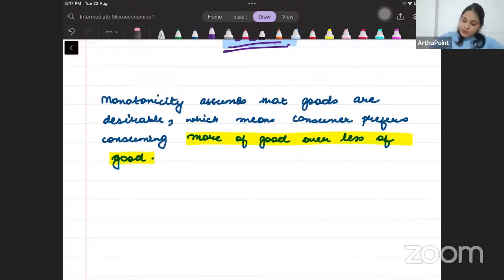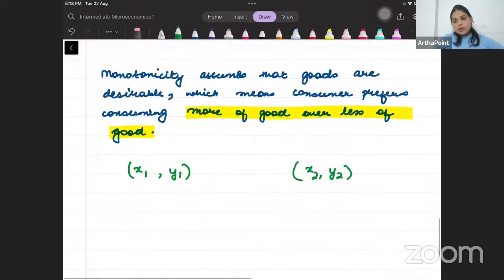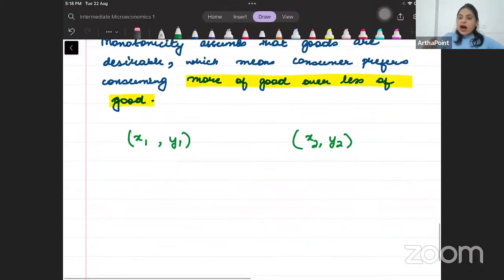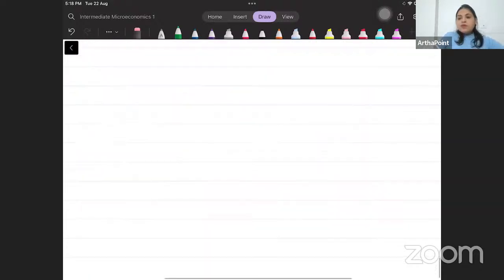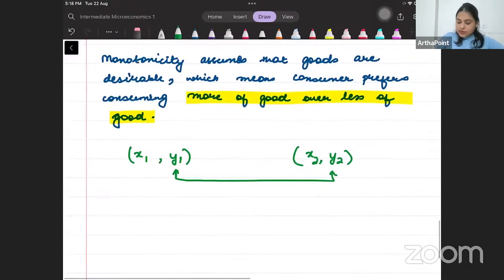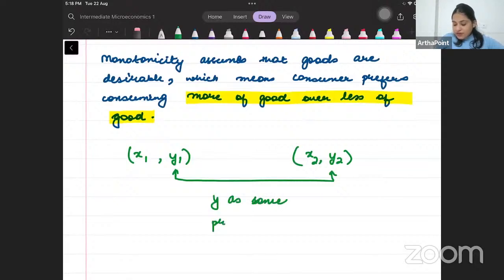Now just think about it. Suppose I have two bundles. एक bundle है x1 y1 और दूसरा bundle है x2 y2. So I have two bundles, x1 y1 and x2 y2. How do I compare? मुझे कैसे पता किसको prefer करना है? Either I can have y as same, then I will prefer the one with more x.